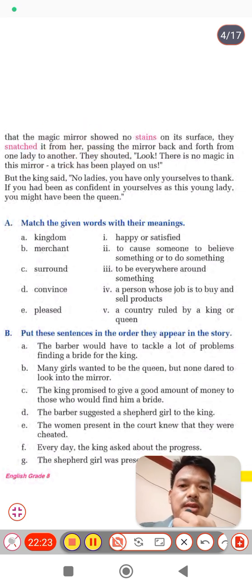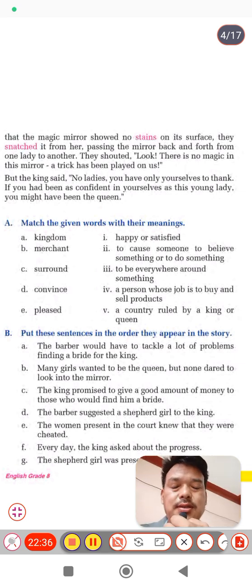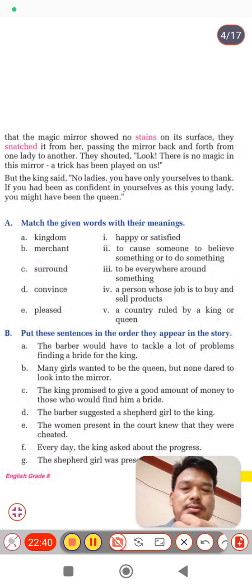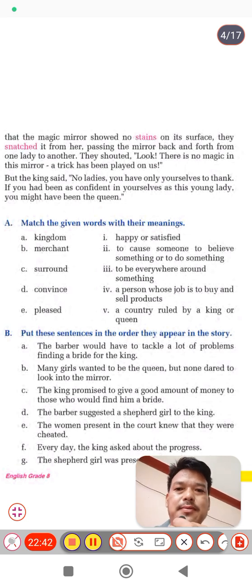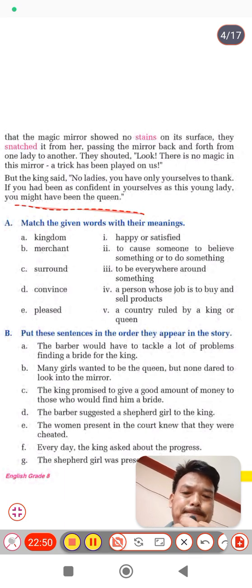But the king said, "No, ladies." He told the old ladies that they had only themselves to thank. "If you had been as confident in yourself as this young lady, you might have been the queen."